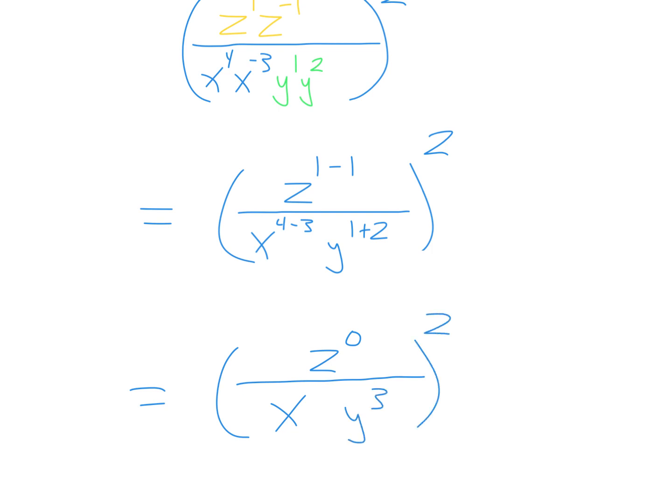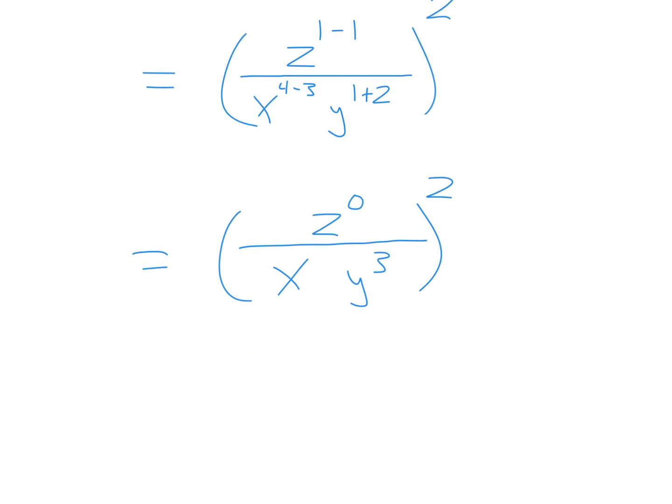This is all still squared. All right, so z to the power of 0. Do you remember our 0 exponent rule? That just becomes 1, because anything raised to the power of 0 is 1. Okay, so that's the only thing that changed from here to here: I just changed the z to the 0 to 1.